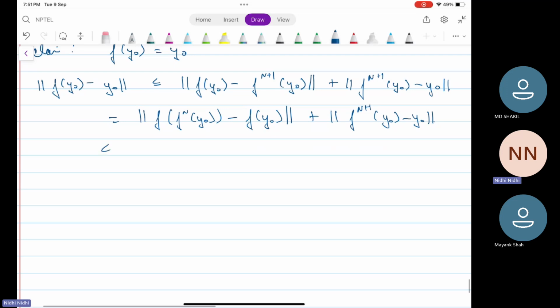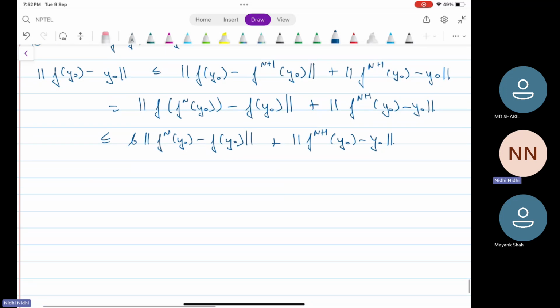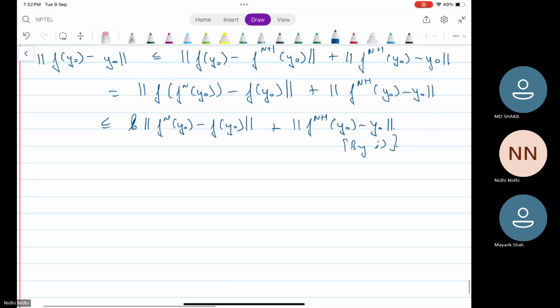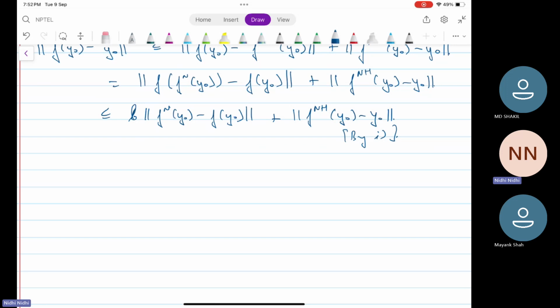So this is less than or equal to b times the norm of f n y naught minus f y naught plus f n plus 1 y naught minus y naught. This comes again from the first condition on the function.